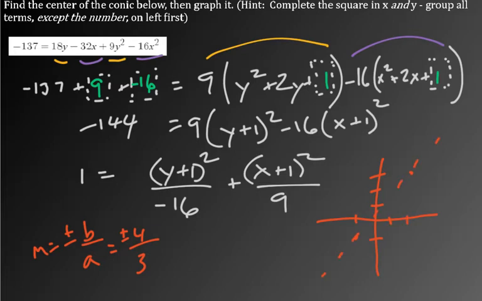And then likewise, instead of going to the right, this time just go to the left 3. So 1, 2, 3, it's a little bit off, it's about right there. And those are my asymptotes for the graph.